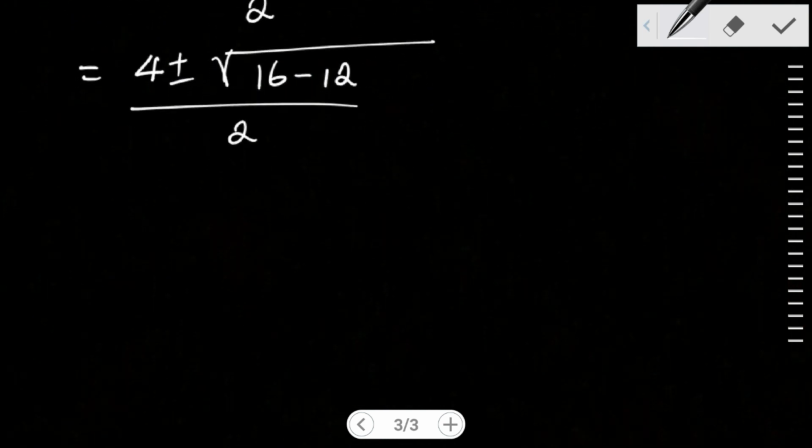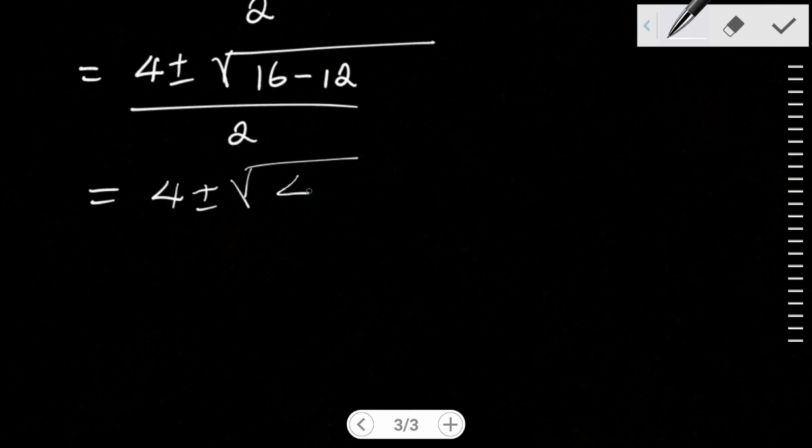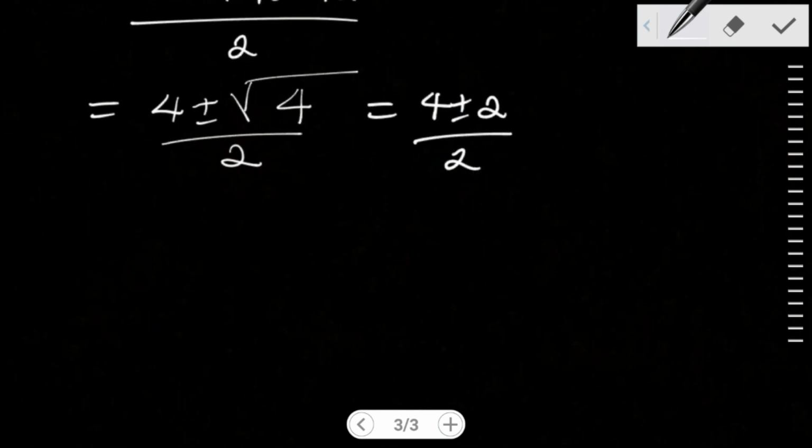And so the next thing I'm going to have here is 4 plus or minus the root of 4, all over 2. And so here I'm going to get 4 plus or minus 2 all over 2. And so if I divide throughout by 2, it is 2 plus or minus 1.